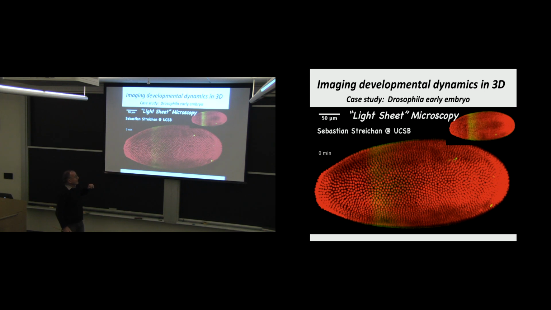And what we will see is that at the earliest stages, the embryo just consists of several thousand identical-looking nuclei packed on the surface, but they're not really identical because some of them are beginning to express different genes.